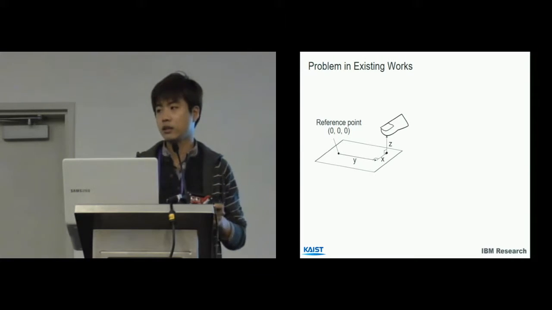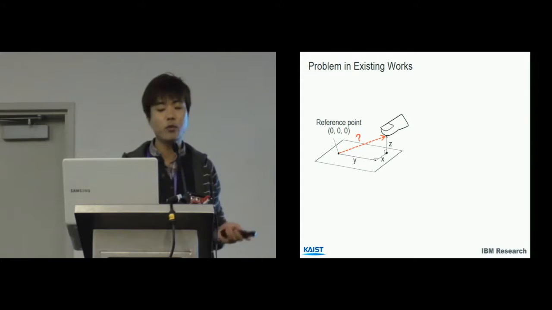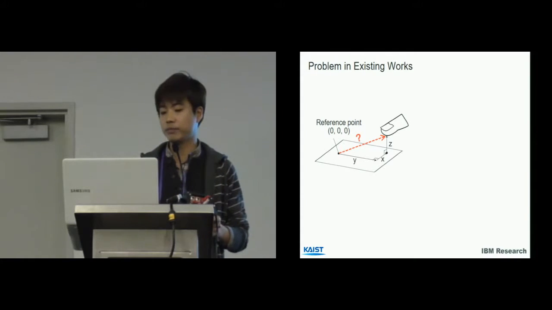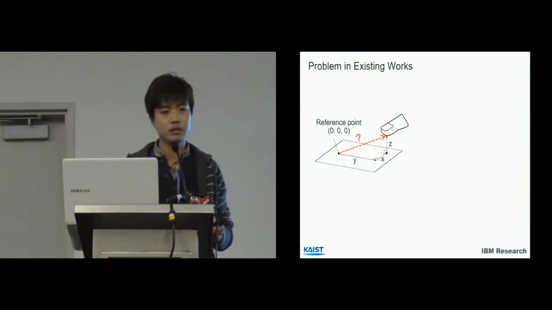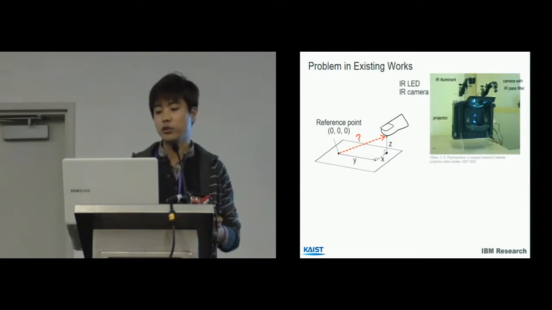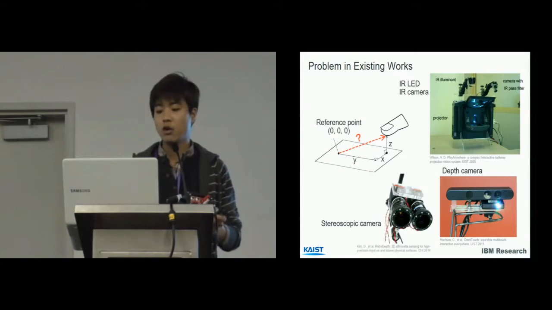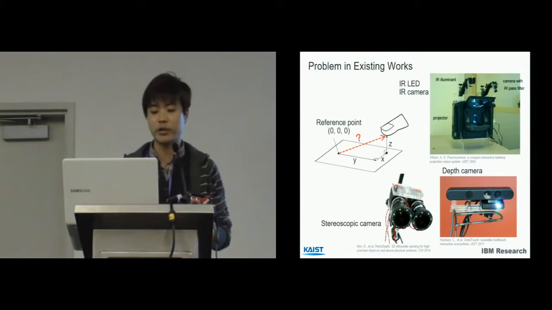To calculate the coordinates, we need the information of the distance between the reference point and the fingertip. To get the distance, existing techniques use infrared LED, infrared camera, depth camera, or a pair of stereoscopic cameras.